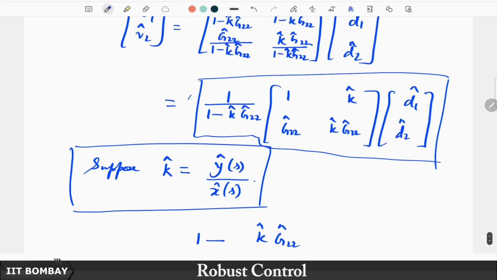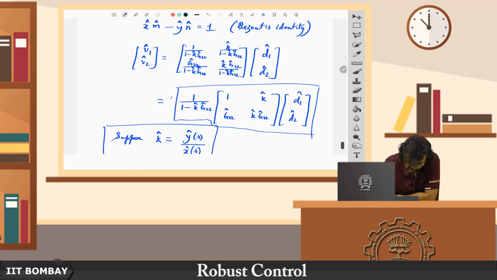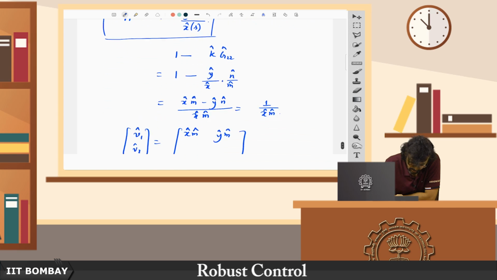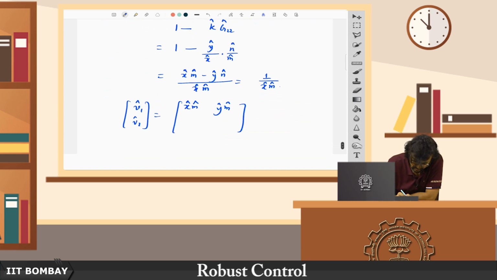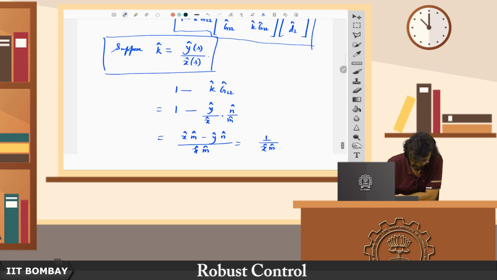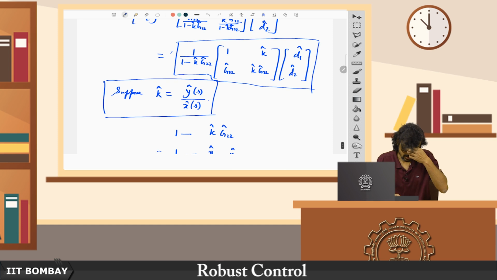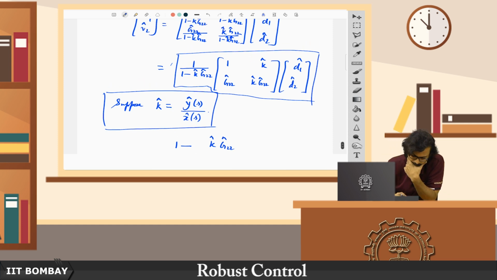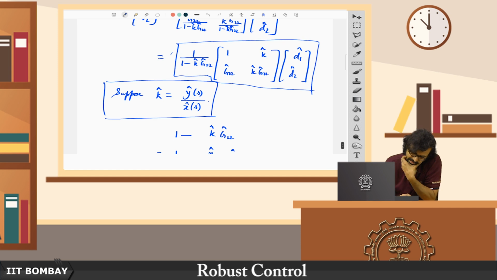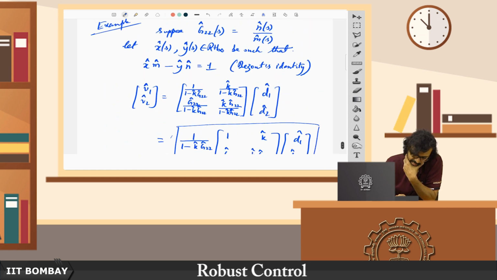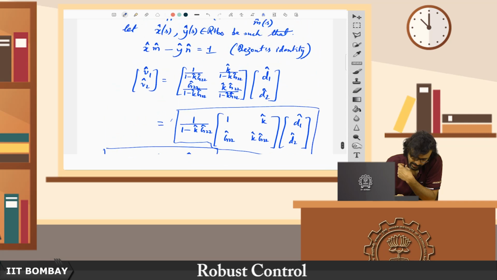Similarly, g22 hat is n hat by m hat, so n hat by m hat into x hat m hat, or rather x hat n hat, the order does not really matter here, it is seesaw after all, x hat n hat, and finally the last one is n hat y hat by x hat m hat.